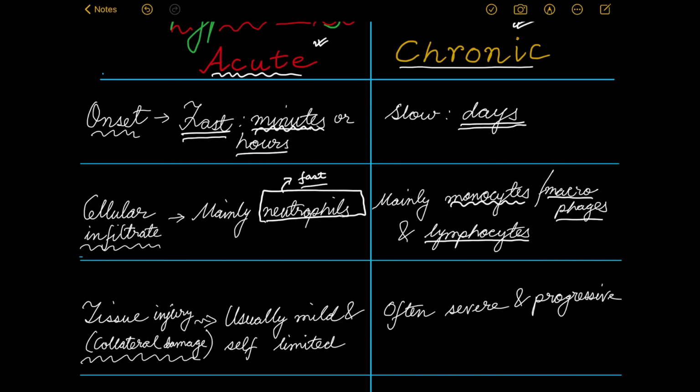Whereas the monocytes, they mature into macrophages, and lymphocytes, they are slower. So they typically constitute the chronic inflammatory sequence. So this is another important difference between acute and chronic inflammation.